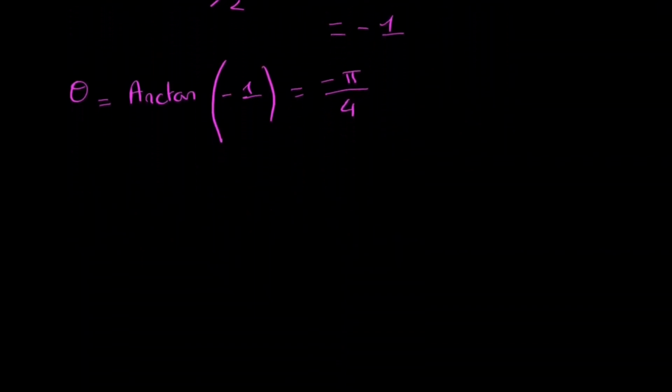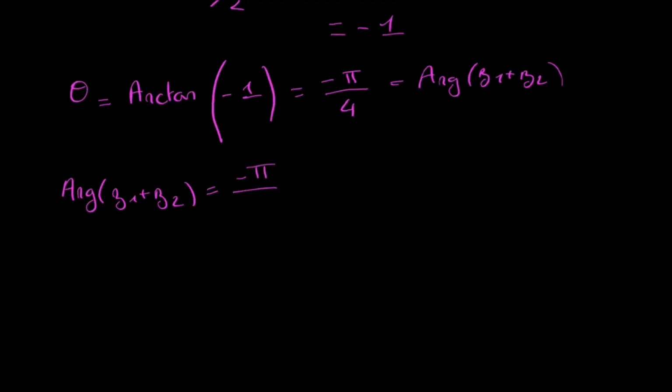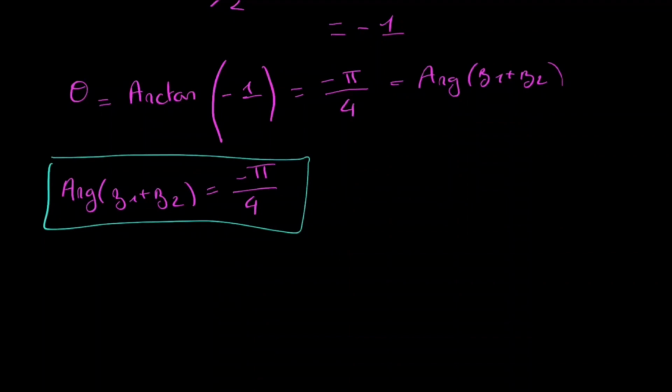So this is the argument. Okay, so we have argument of z1 plus z2 equal to minus pi over 4.